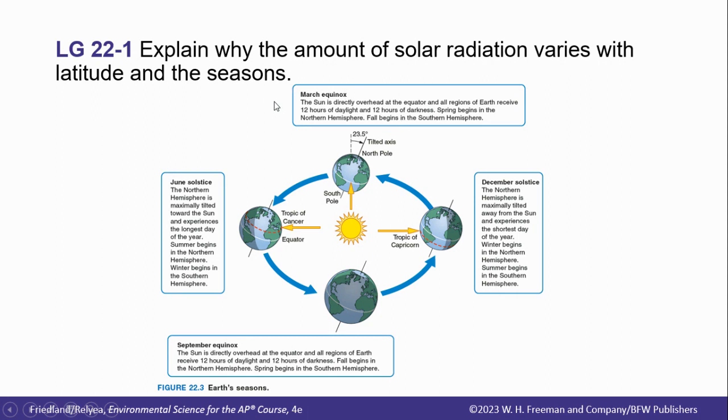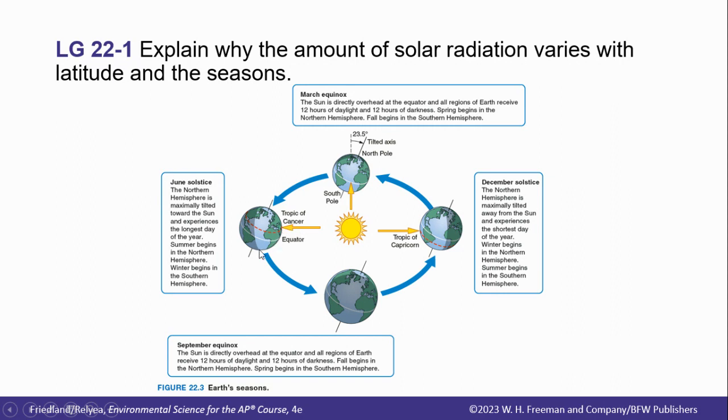And we have different solstices and equinoxes. At the equinox, the sun is directly overhead at the equator, and all regions of the Earth receive 12 hours of daylight and 12 hours of darkness, and that's when we perceive spring to start, especially here in the northern hemisphere. The June solstice, the northern hemisphere is maximally tilted toward the sun and experiences the longest day of the year.